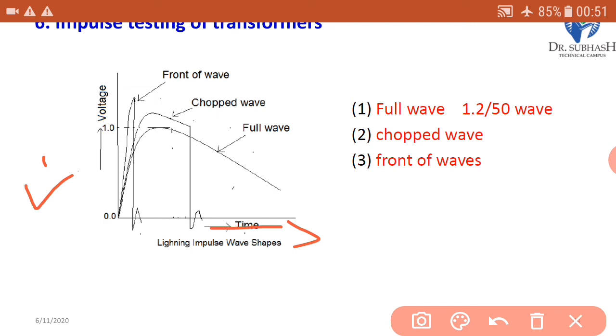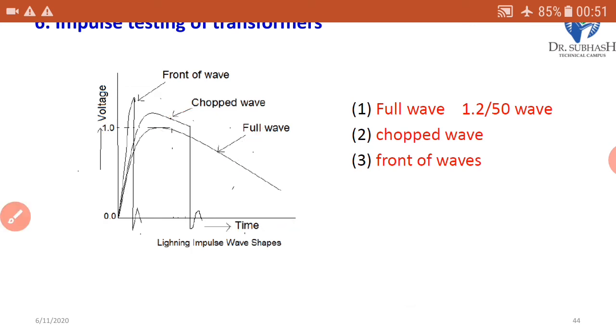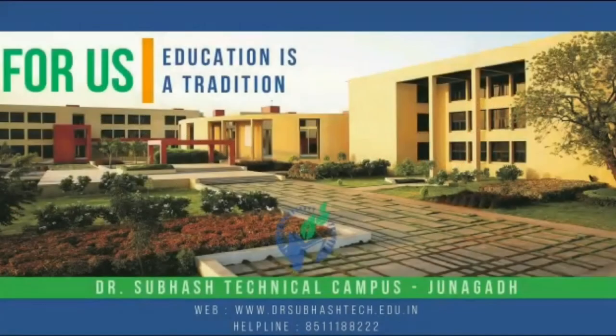Front wave we can see has a very high magnitude, then chopped wave, the middle one is the chopped wave, and then full wave. The full wave is 1.2/50 wave, then chopped wave and front waves. So these are the lightning impulse wave shapes, and these are the typical waveform shapes. So all these tests are done for testing of transformers.